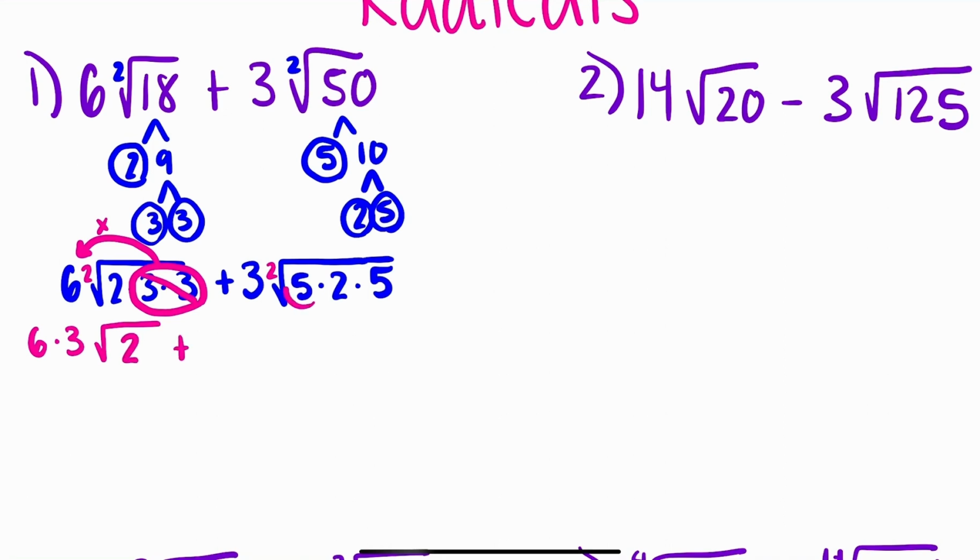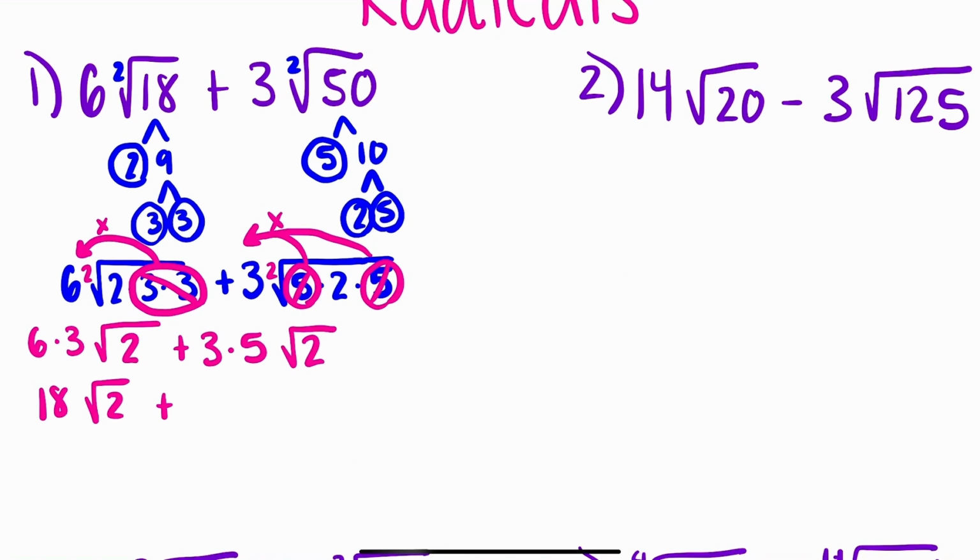Plus, I have 2 5s, so I can take out one 5 and multiply them. 3 times 5. All that's left there is a 2. So now I'm left with 18 times square root of 2 plus 15 times the square root of 2.